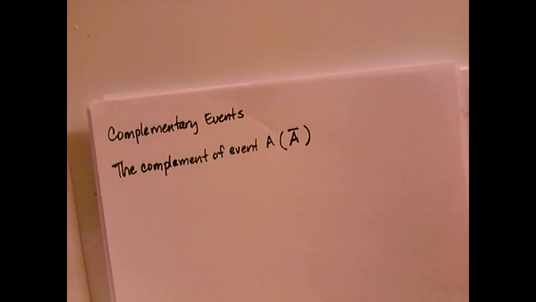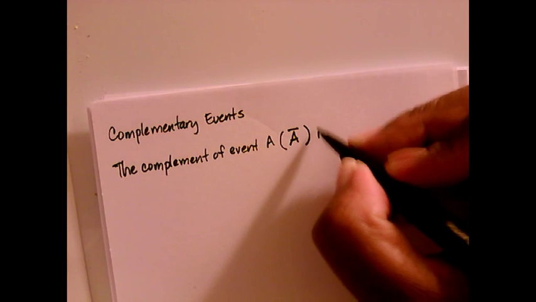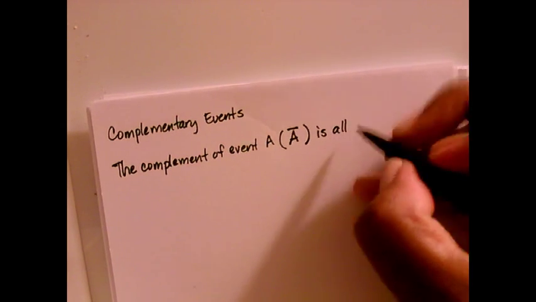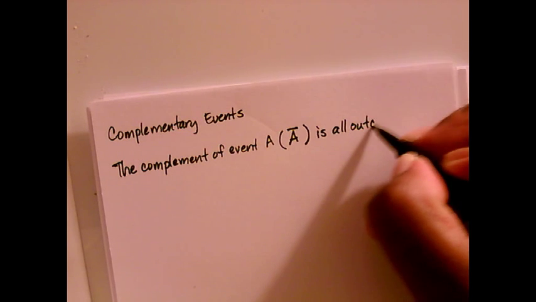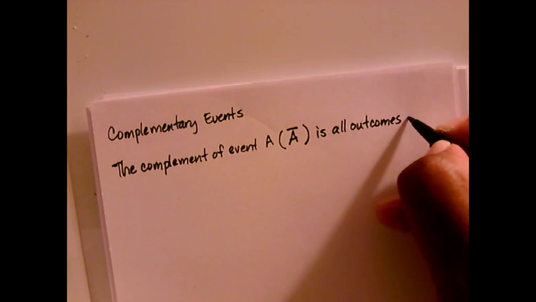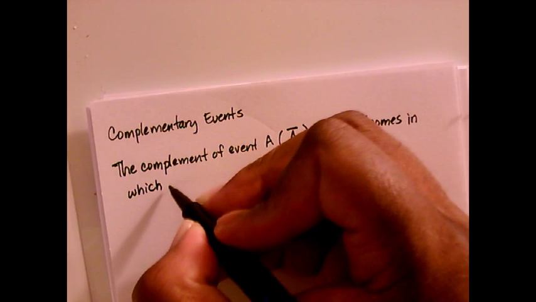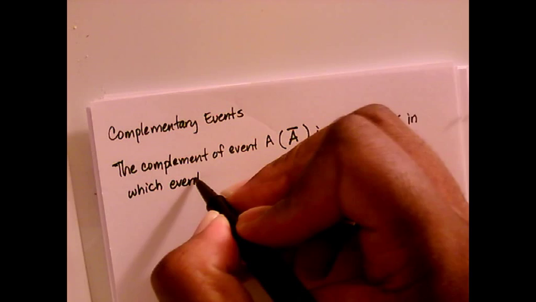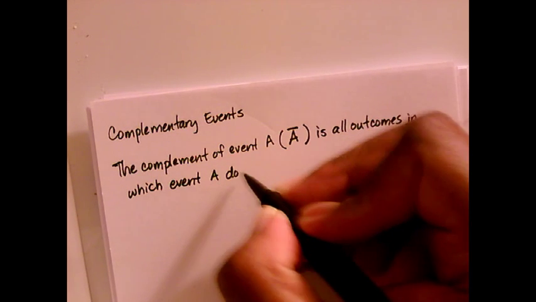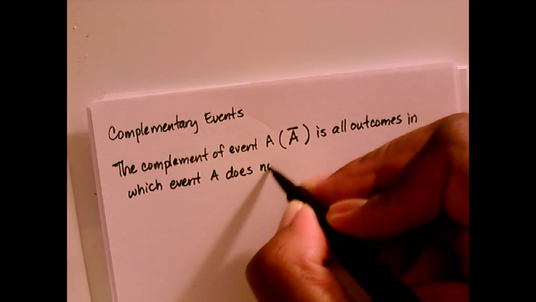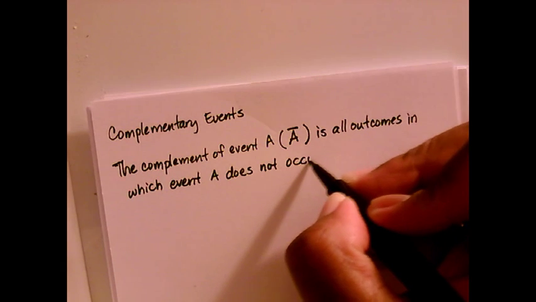Okay, the complement of event A is going to be all of your outcomes in which event A does not occur.